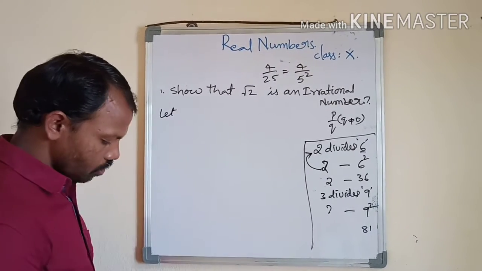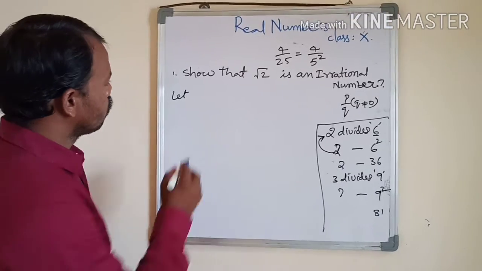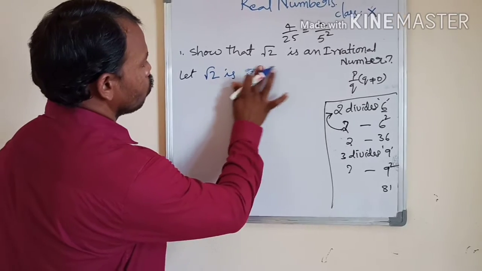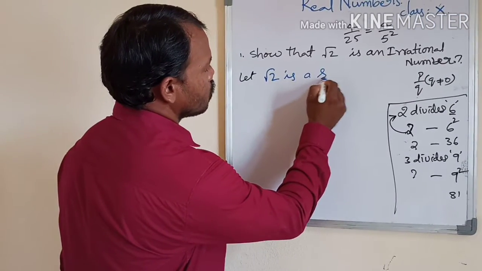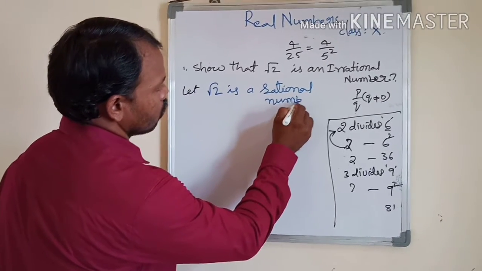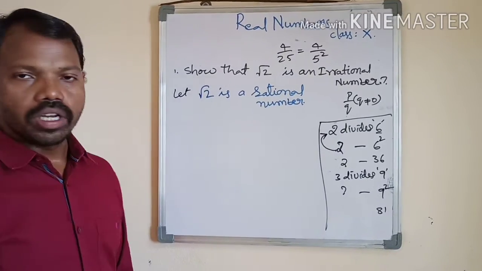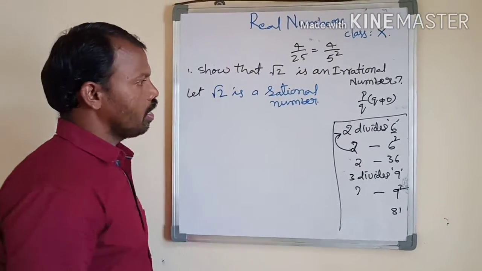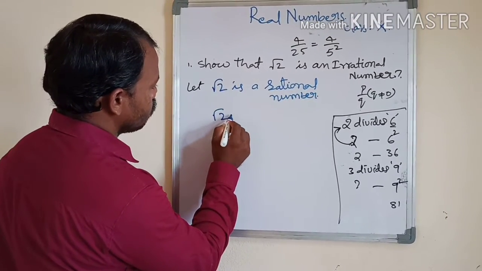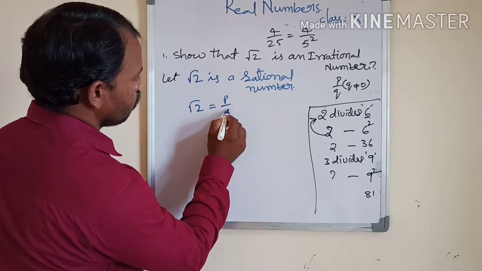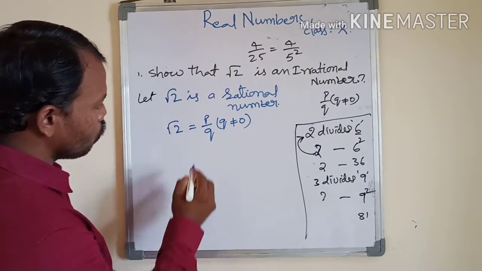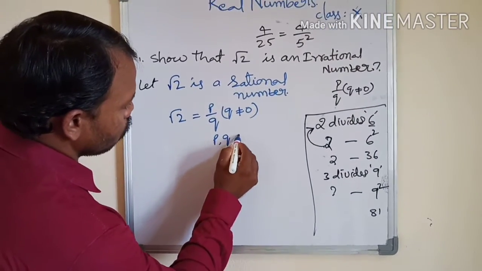Let root 2 be a rational number. We know that if it is a rational number, it must be in the form of p by q. So let root 2 equal p by q, where q is not equal to 0 and p and q are co-primes.